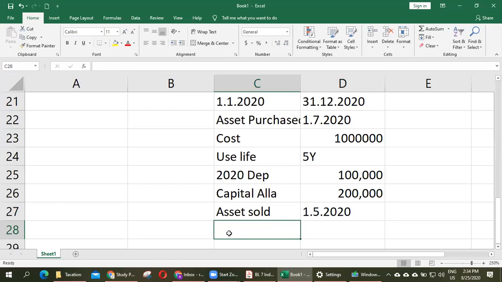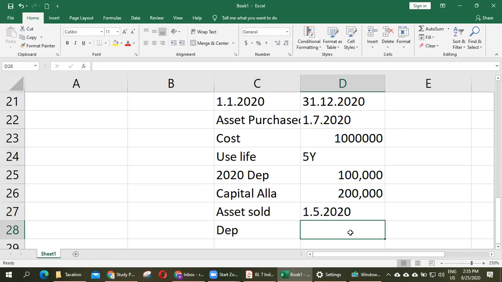How much accounting depreciation here? The cost is 1 million, useful life 5 years. Then it has been used how many months?